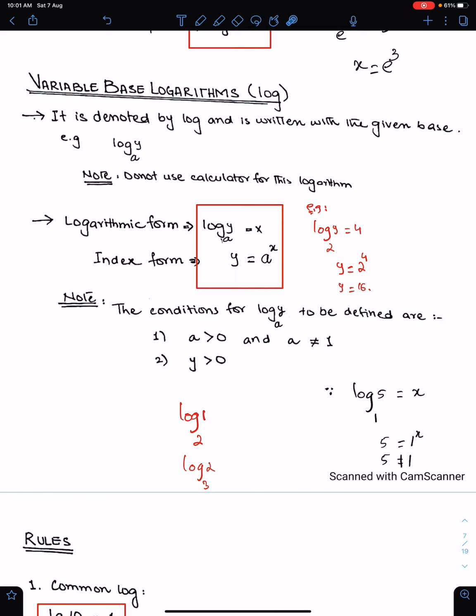See, if we have log base 1 of 5, so to convert this, after converting this equation into index form, we have this. So 5 cannot be 1. So base of log a y must not be 1. It could be anything, any positive number except 1. And both the numbers must be positive, both a and y, because logarithms are always defined for positive numbers.